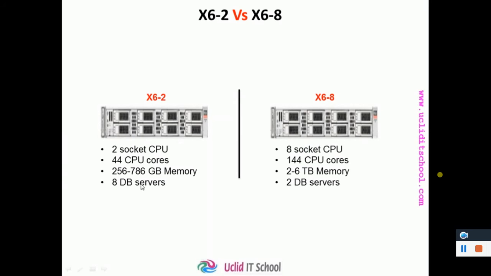And in terms of the number of servers, the X-2 system can have 8 database servers, whereas in the X-8 system you will have only 2 database servers. So that is the difference. The standard is this X6-2. This is the most commonly used configuration.